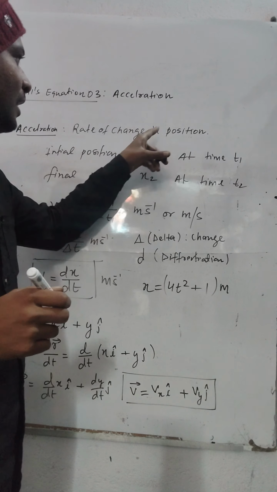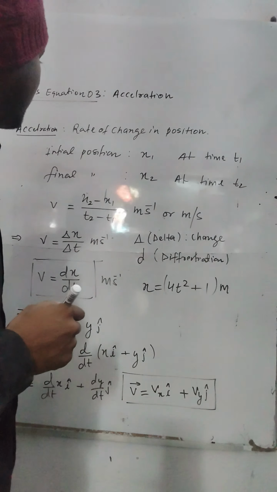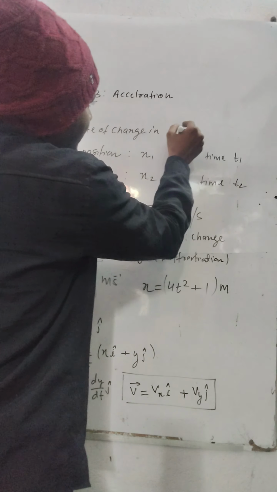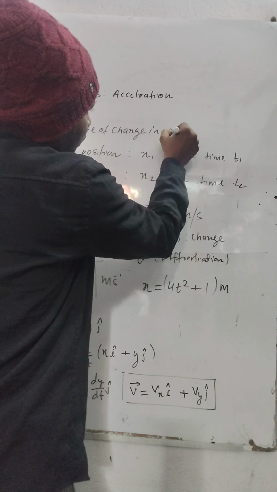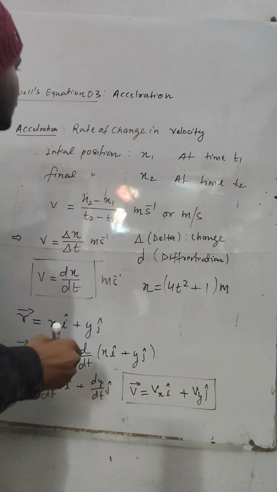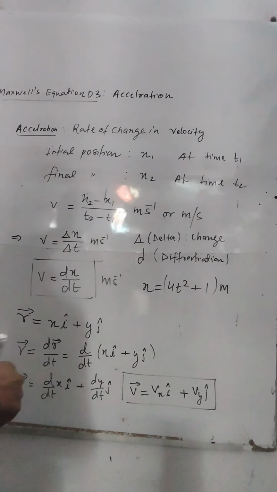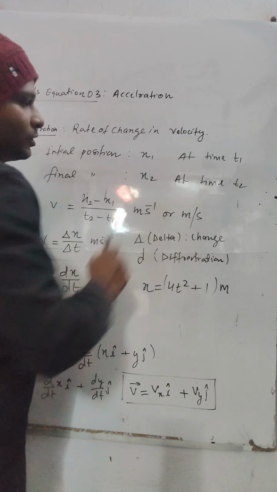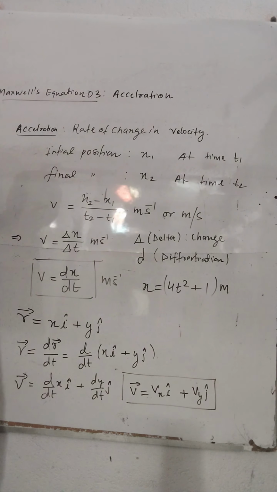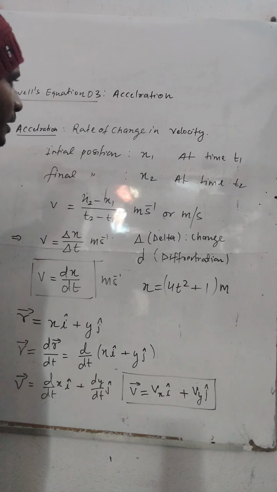Rate of change in position was the velocity, but here the position is replaced by velocity. So acceleration is the rate of change in velocity. The velocity, in the last class we have already discussed, is the rate of change in position.